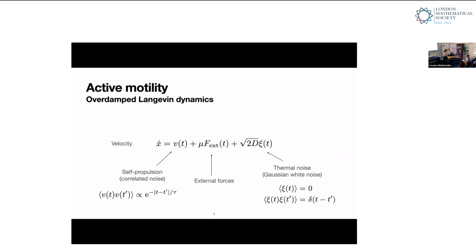So when we want to model this type of motility, often we start with writing down this equation. This is an overdamped Langevin equation, and it's telling us the velocity of a particle that is at position x. This velocity typically has these three components. The first term is the self-propulsion.